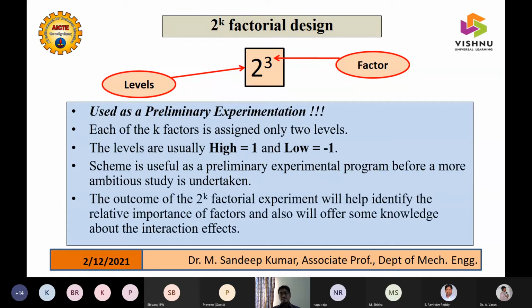So we are always ambitious, and everyone wants to do all the experimentation as fast as possible. But having a look at one factor at a time, and at fixing the factors and the levels, is very important, so that when you go for the more ambitious experimentation procedure, you can rely on the responses.